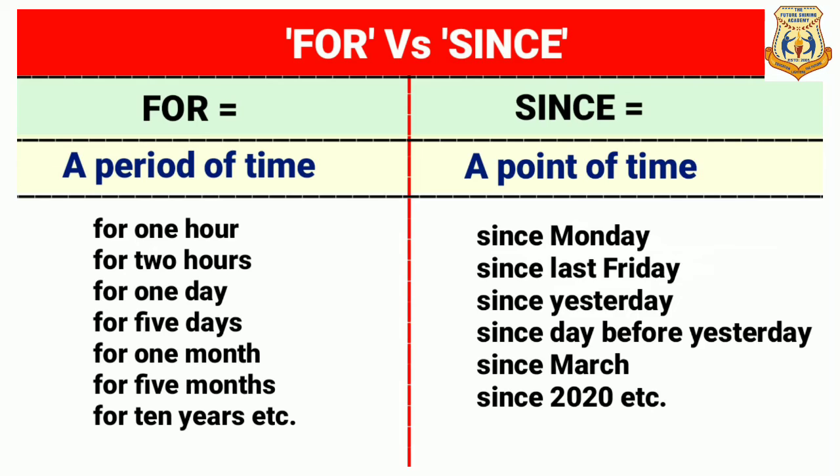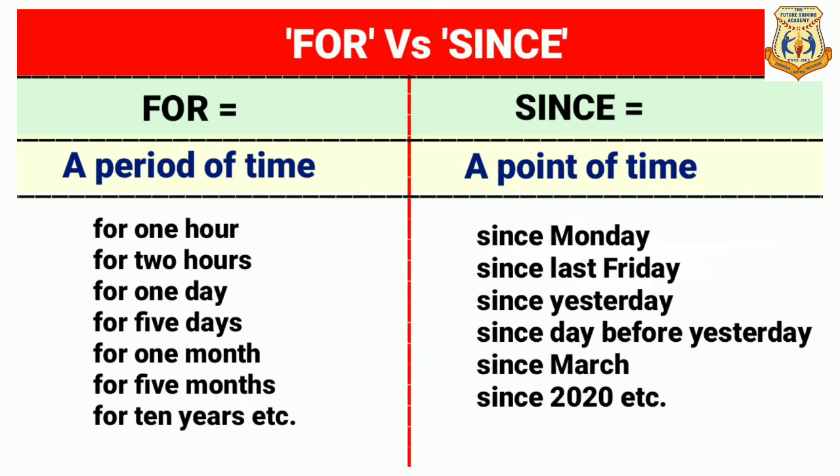For example, for 1 hour, for 2 hours, for 1 day, for 5 days, for 1 month, for 5 months, for 10 years, etc. So in such a situation, to indicate the duration of time, we should use for. Keep in mind, this is duration of time, means period of time.